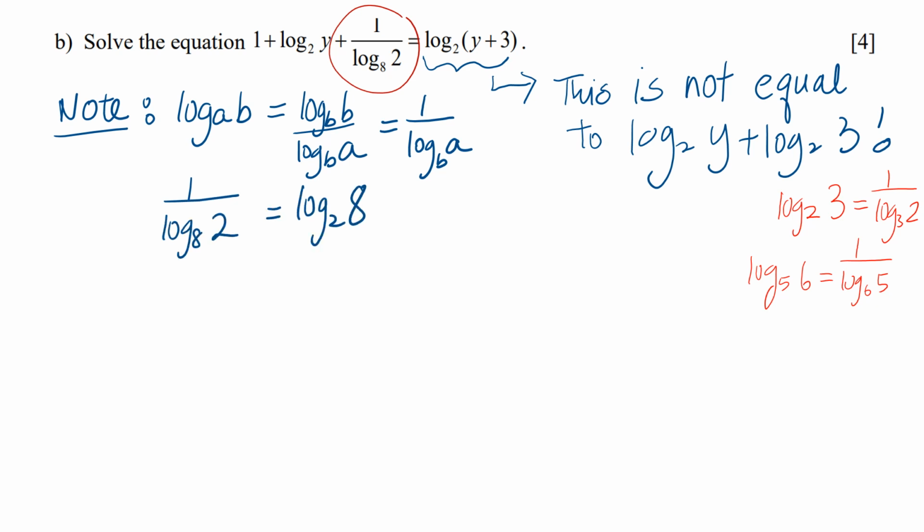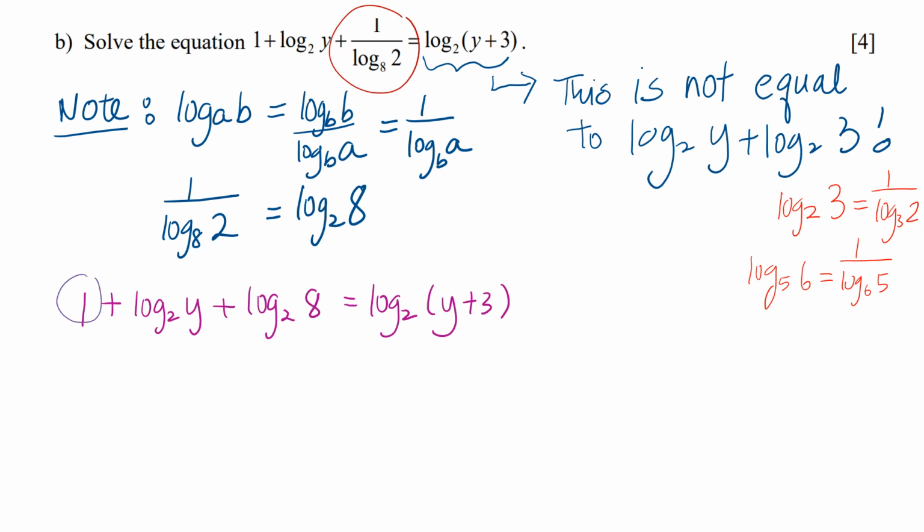To change it to log base 2, 1 over log base 8 of 2 is actually just log base 2 of 8. Then the next step is to rewrite 1 as log 2 base 2, because log a base a is 1.